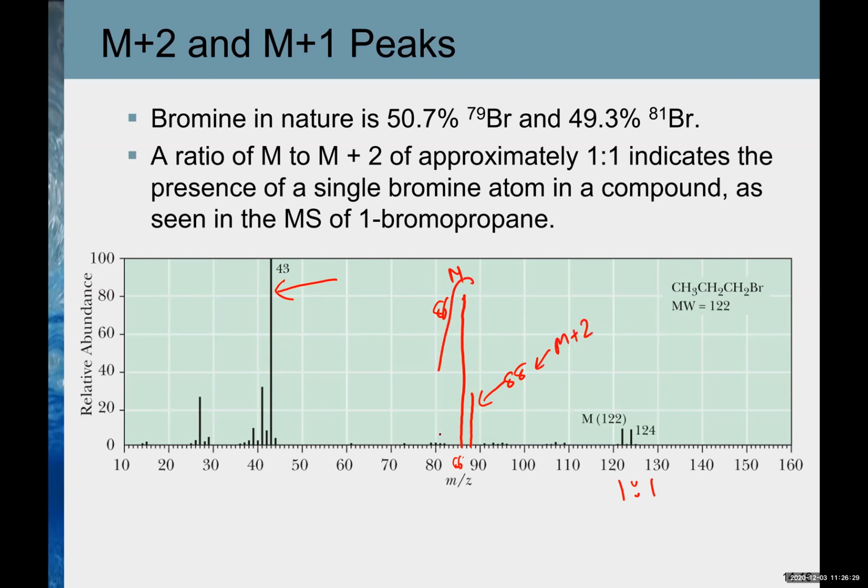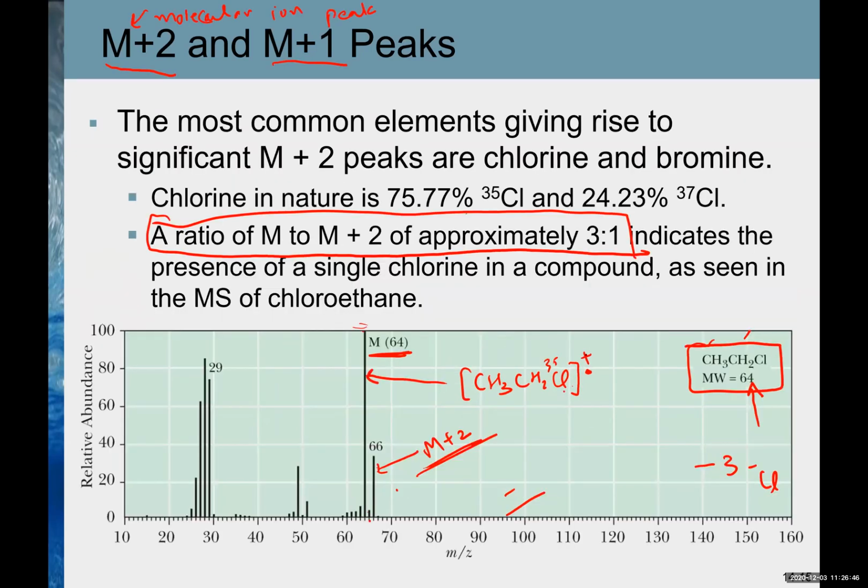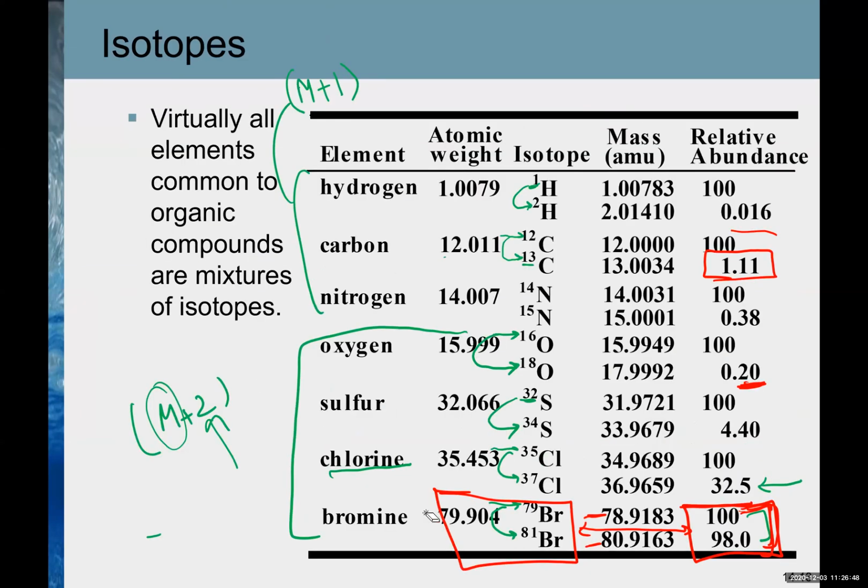Look at the ratio. Is it 1 to 3? If the small peak is 1, the big peak is 3 times. That is a typical behavior of chlorine, because chlorine is 100 to 33, so that's 3 to 1.